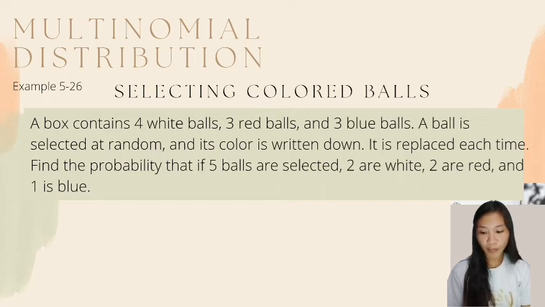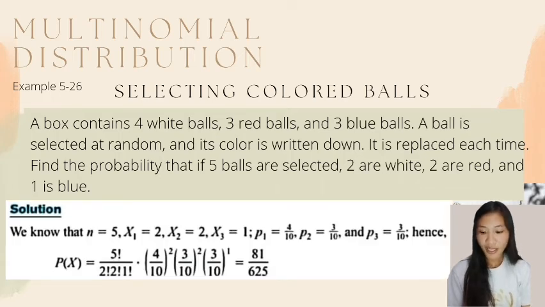To solve this problem, we know that n is equal to 5, x sub 1 is equal to 2, x sub 2 is equal to 2, x sub 3 is equal to 1, and p sub 1 is equal to 4 over 10, p sub 2 is equal to 3 over 10, and p sub 3 is equal to 3 over 10.